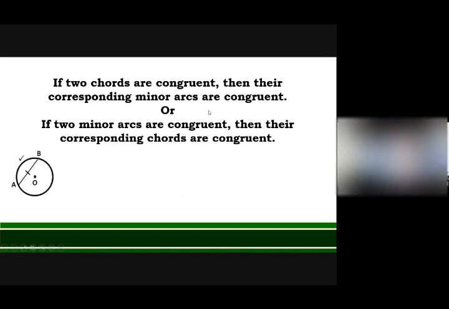Example, I have here two different circles, circle O and circle E. Sabi rito, yung chord AB daw ay congruent kay chord CD. Kung congruent yung dalawang corresponding chords, it means yung corresponding arcs o yung minor arc na na-form ng chord na yon ay also congruent. Okay?